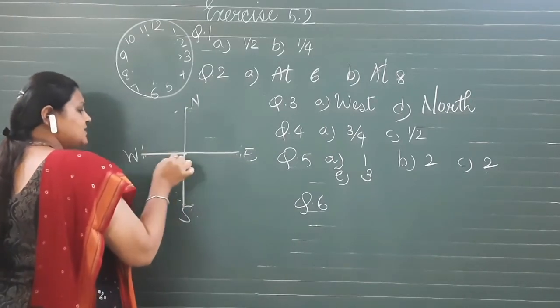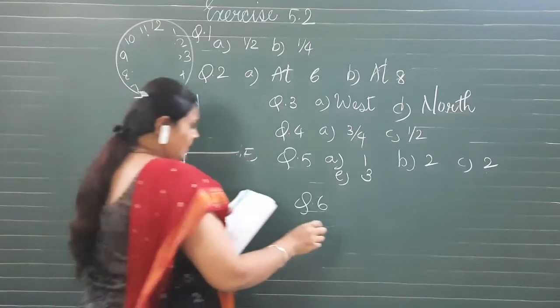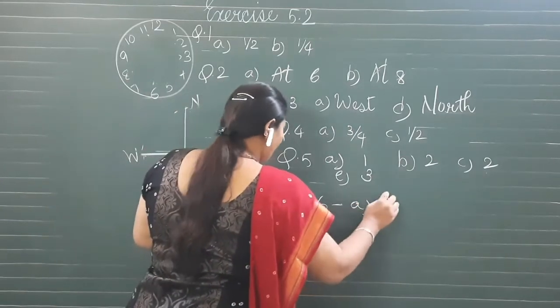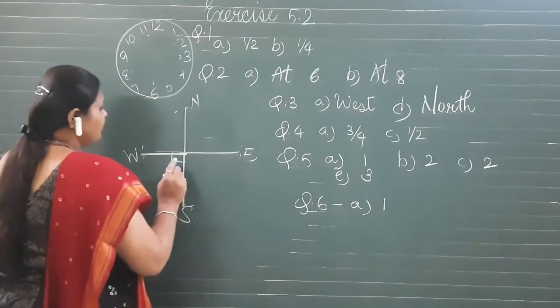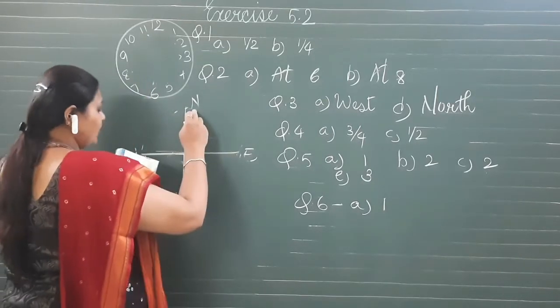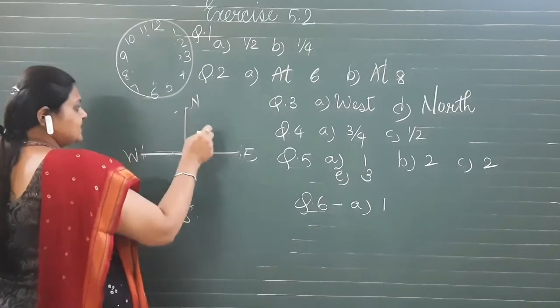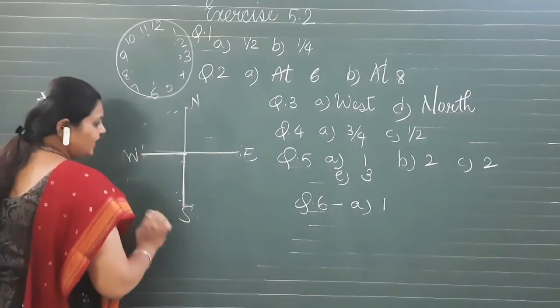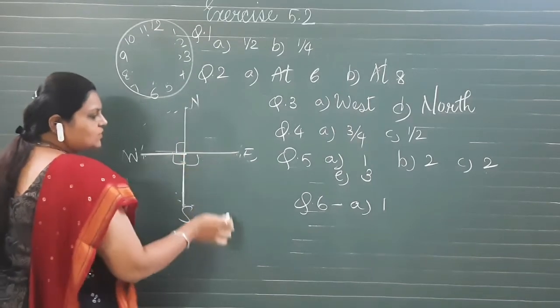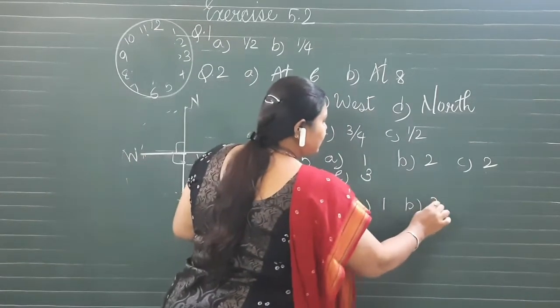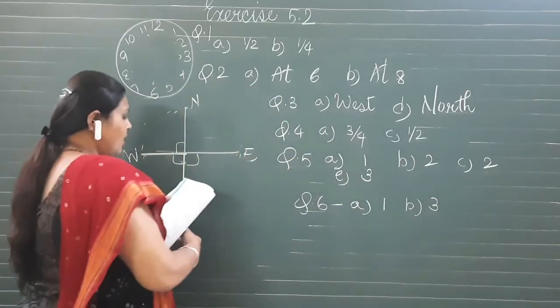South to west, 1 right angle. So we can say 1. North and turn anti-clockwise. Here we are at north, turning anti-clockwise to east. So north to east, 1 right angle. This is second and this is third. So we can say 3 right angles.